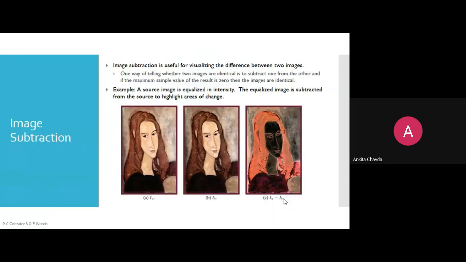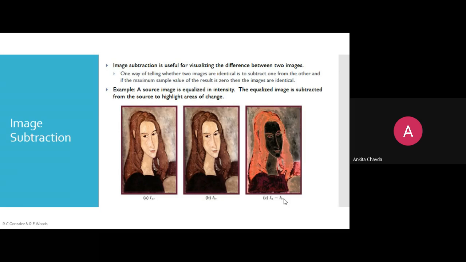Okay. So for example, a source image is equalized in intensity. The equalized image is subtracted from the source to highlight the area of change. What does it mean? Equalized in intensity, so that is the histogram equalization, right?